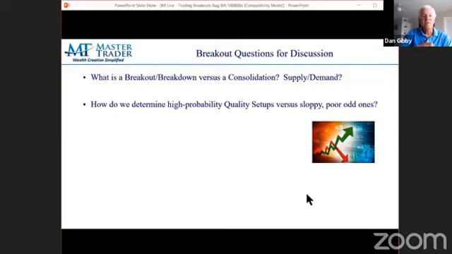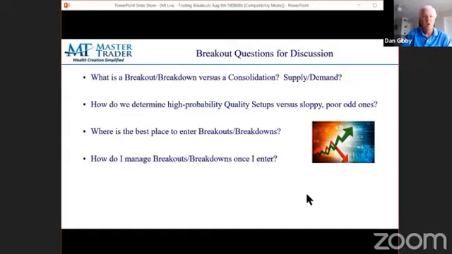How do we determine the high probability setups? Like with any pattern for that matter, every setup is not the same quality. We are looking for the high quality ones versus poor quality ones. What is the best place to enter if we do find a quality one?